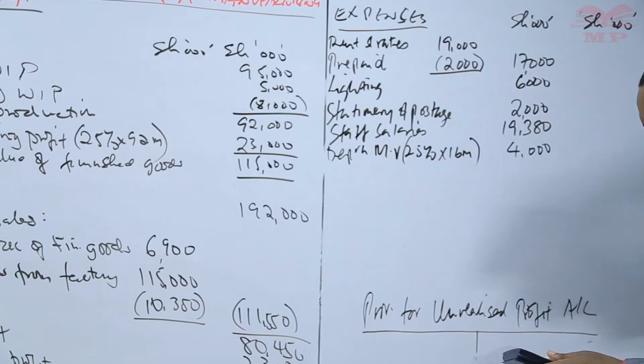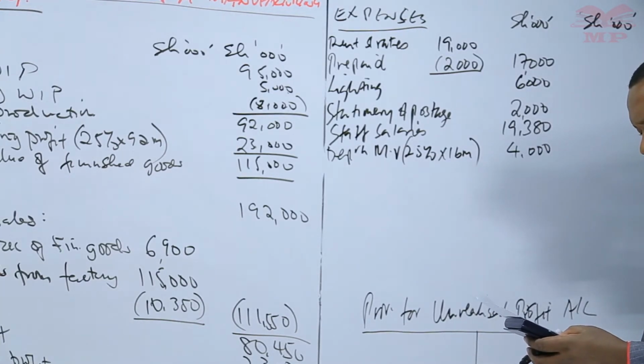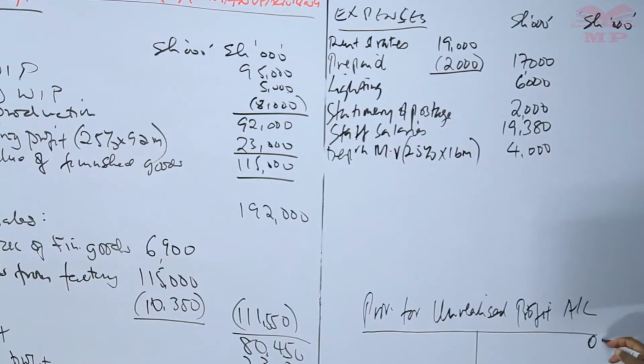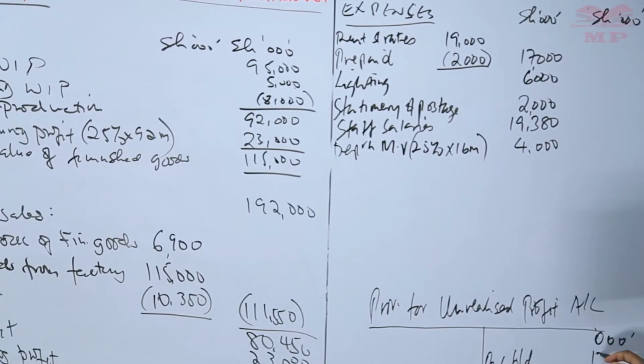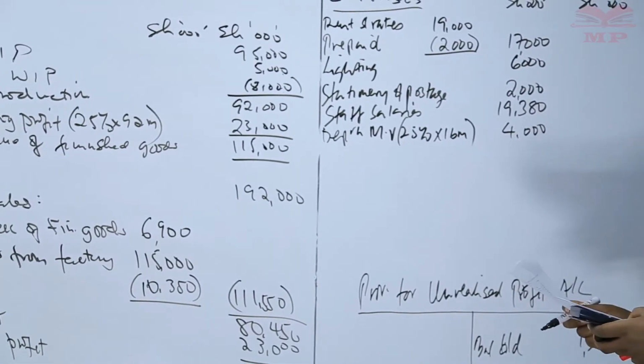If you are to check, learners, the balances, the second last item, you can see there, provision for unrealized profit as at January 2002, 1,380,000. That is a credit balance. Balance brought down 1380.